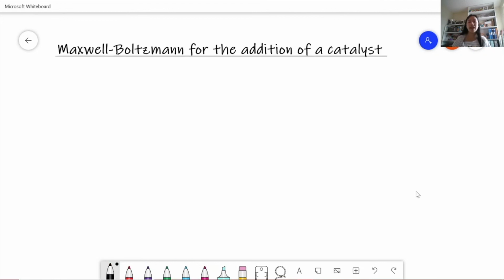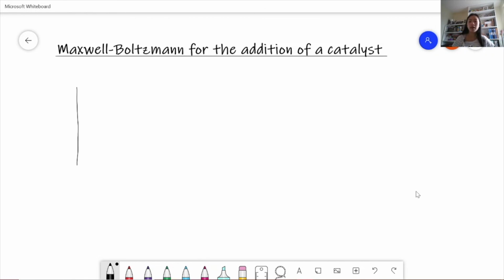So we've learned that catalysts speed up the rate of reaction by providing an alternative route with a lower activation energy. So more of the particles have this activation energy in order for a successful collision. And so we can apply this knowledge to draw the Maxwell-Boltzmann distribution for it.